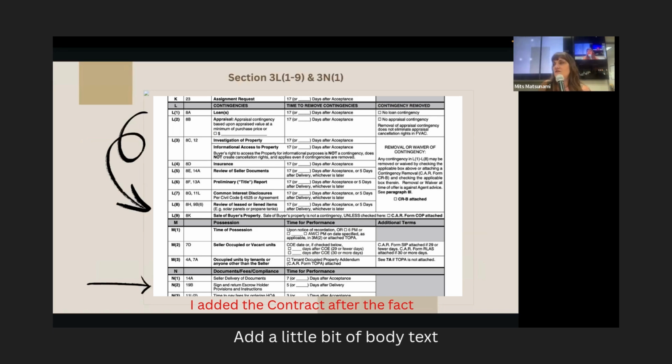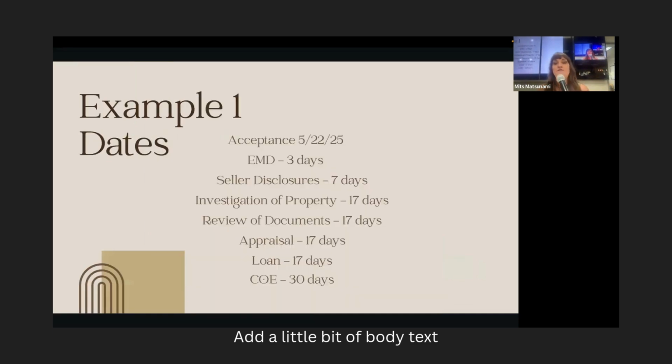Okay, this is the section of the RPA where all the contingencies are and where the delivery of how long the seller has to deliver you the disclosures. So for this first example, I did not change anything. It's the standard 17 days and 7 days for the seller to give you their information. Example 1, we have acceptance.